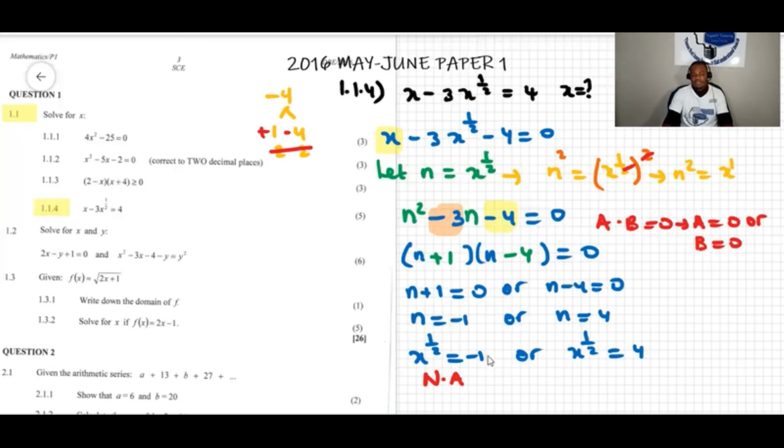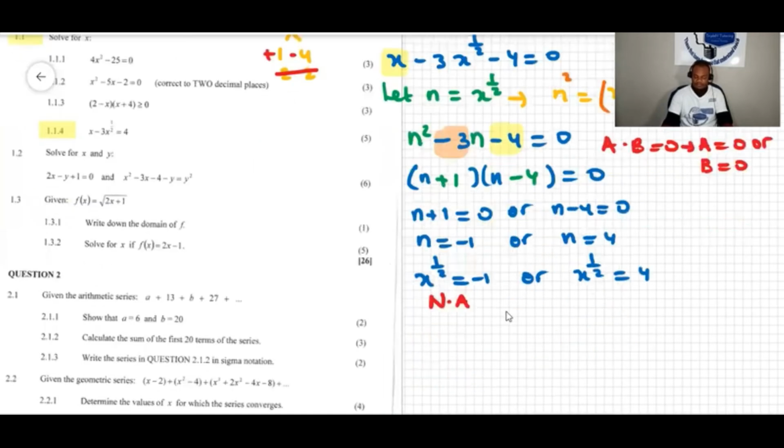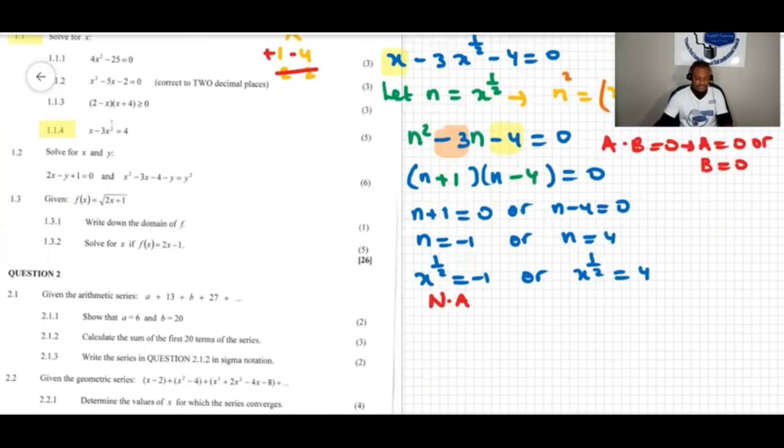It will never be a negative number. This is always positive. The reason is, since x to the power of a half is always positive or 0.